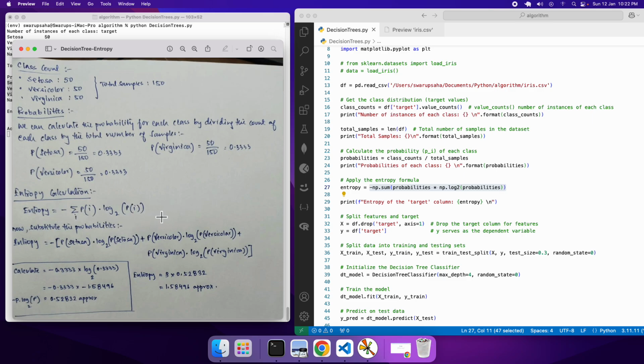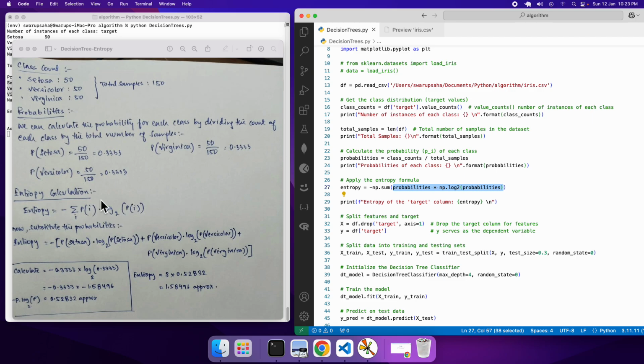Now how do I represent this entire thing directly in code to find the entropy? For that, NumPy will be used. Let me show you how NumPy comes into the picture. As you can see here, the summation is there with the minus. So minus np.sum. This sum is going to do the summation of the entire thing, and this is the portion inside the sum function.